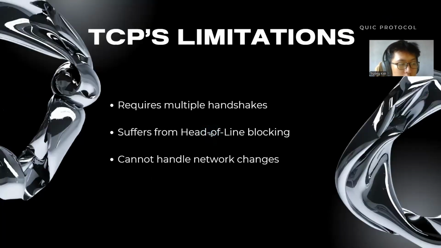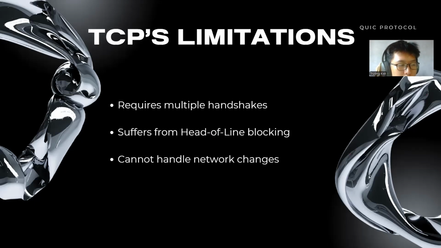However, traditional TCP has several limitations that affect performance. First, TCP requires a three-way handshake before any data can be transmitted. After that, a separate TLS handshake is needed for encryption. This increases connection setup time and latency. Secondly, TCP suffers from head-of-line blocking.